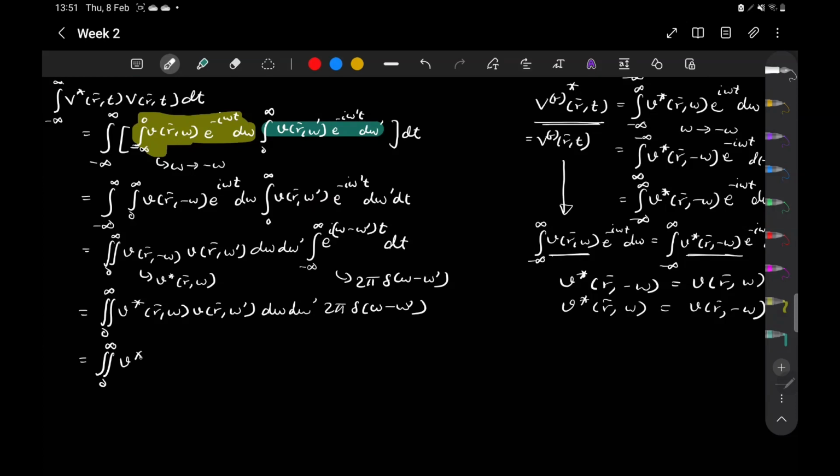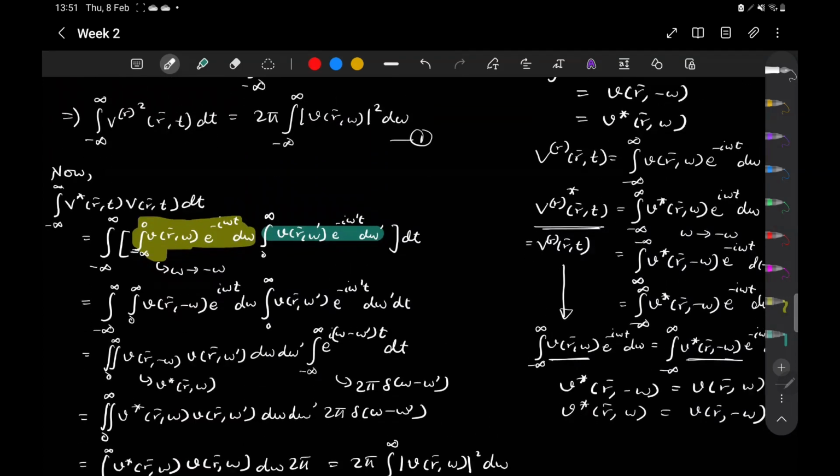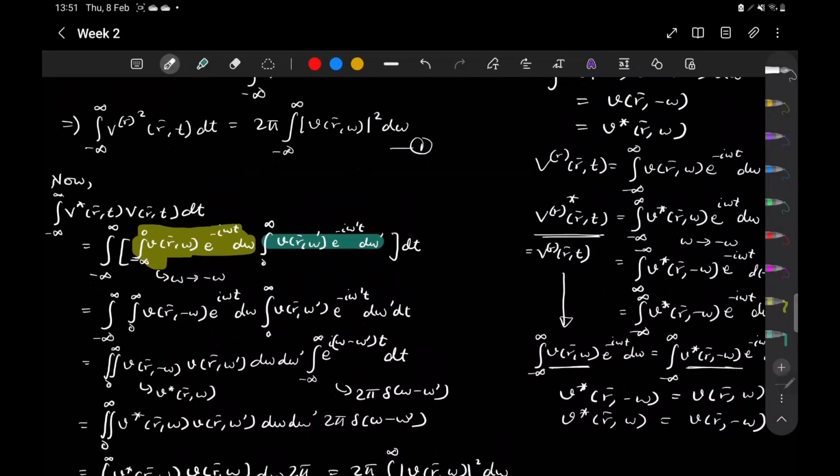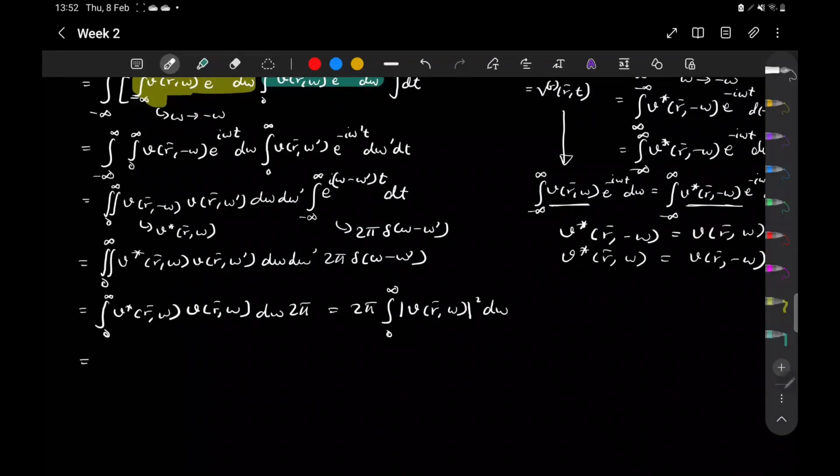So this will give us a single integral now. Which is 2 pi can be taken out.